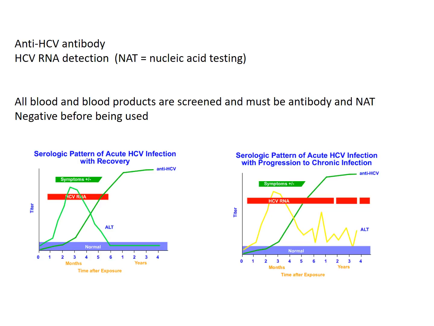The photo on the right then would be more indicative of a chronic infection, where the hepatitis C RNA never goes away and remains positive, indicative of persistence of the virus. Despite developing anti-hepatitis C antibody, the viral RNA stays positive, and this is indicative then of an individual that's going on to chronic infection.